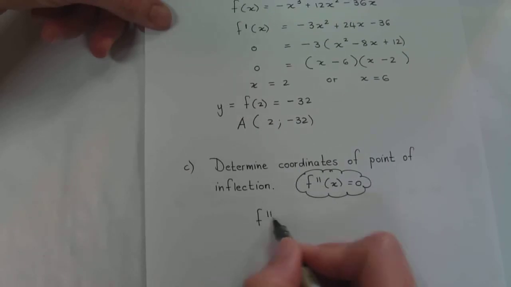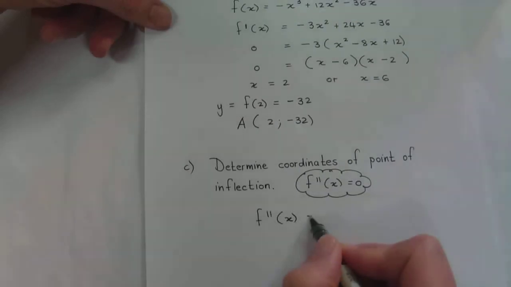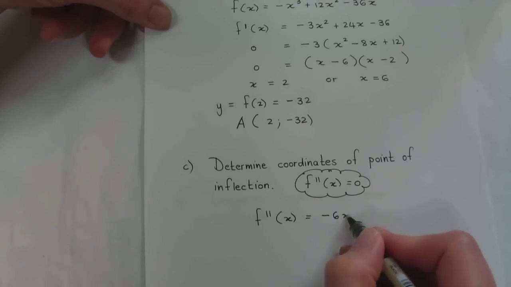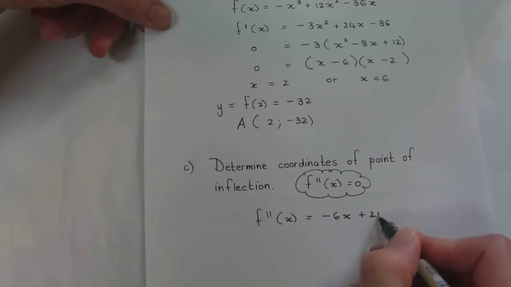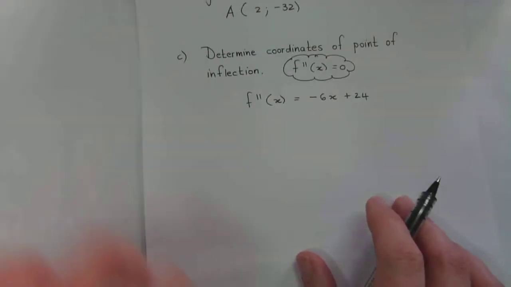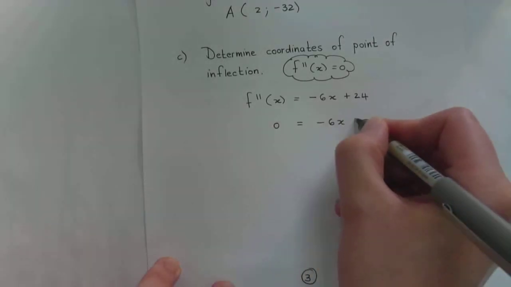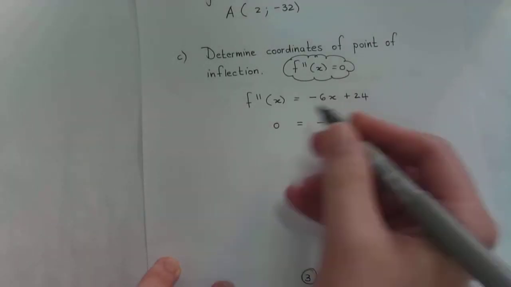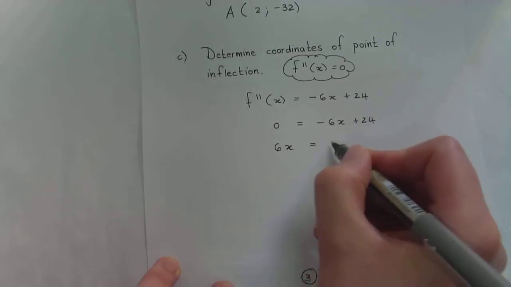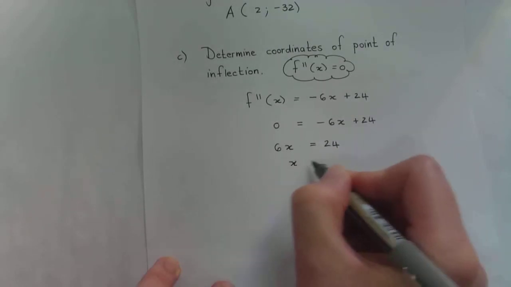So we say second derivative of f is then minus 6x plus 24. There we go. We set that equal to 0, and we have 0 equal to minus 6x plus 24, which means 6x is equal to 24, and then x is equal to 4.